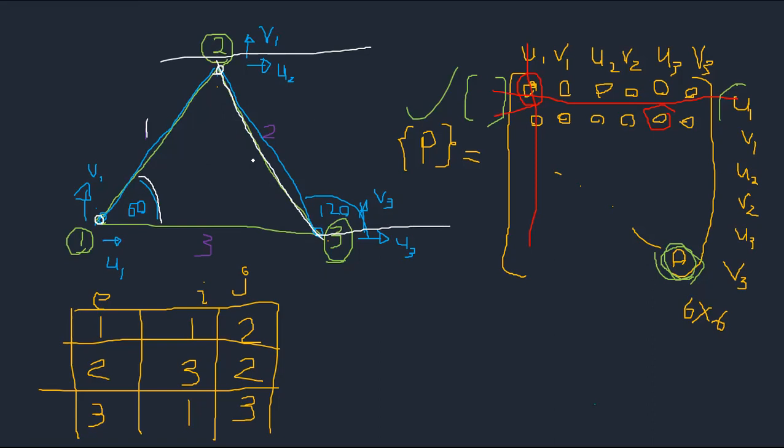It's a different angle, right? You can take it as 180 minus 120, but we define it with respect to the positive direction of x. So it's starting from the third node to the second node, right? The second element is from the third node to the second node.